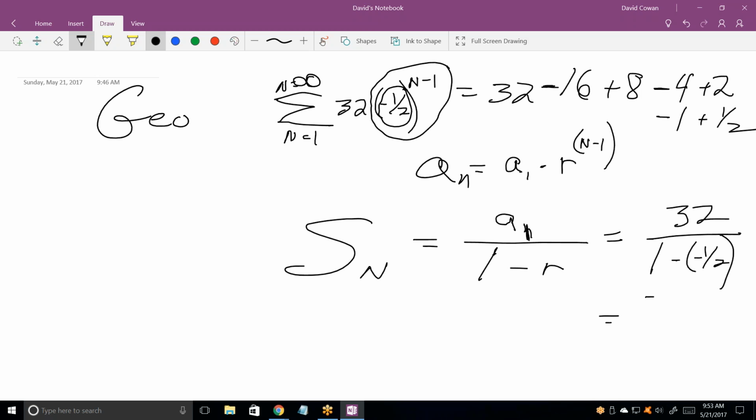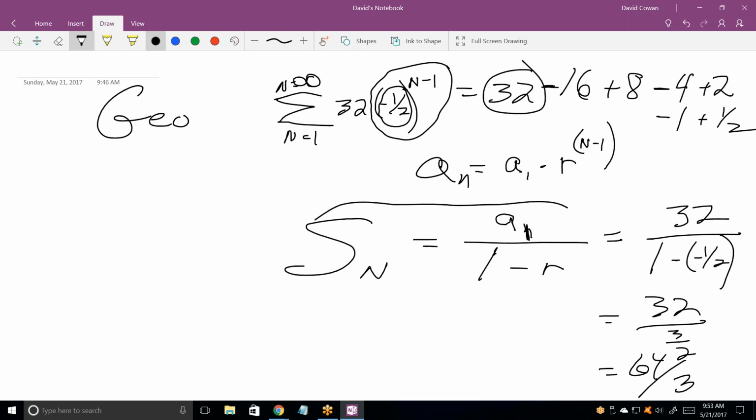So this is 32 over 3/2, or 64/3. All right. And notice that that kind of makes sense. We're starting out with a 32, but then we're subtracting 16, but then we're adding 8, then we're subtracting 4.